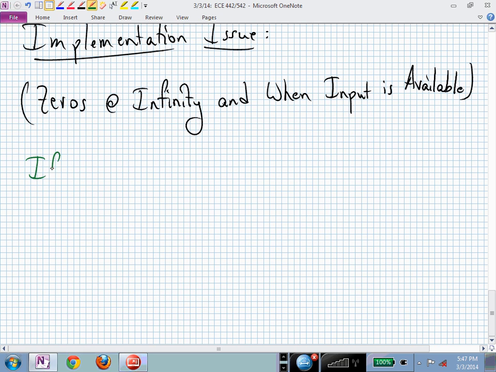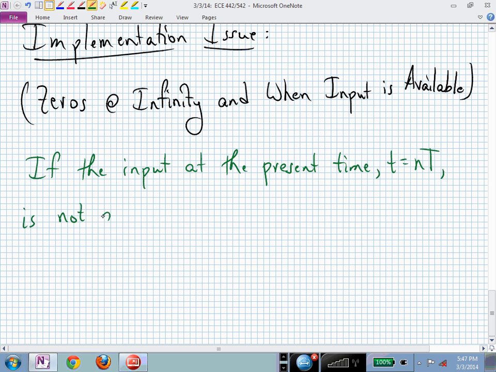So here's a very wordy way of what I just tried to describe. If the input at the present time, which I'm saying t is equal to little n capital T, if that's effectively not available, if we can't measure that and quickly generate an output, then we're going to assume that the input is not available at the present time.